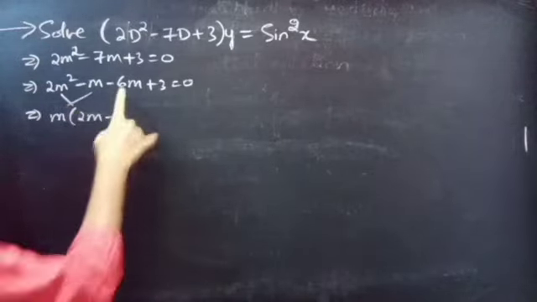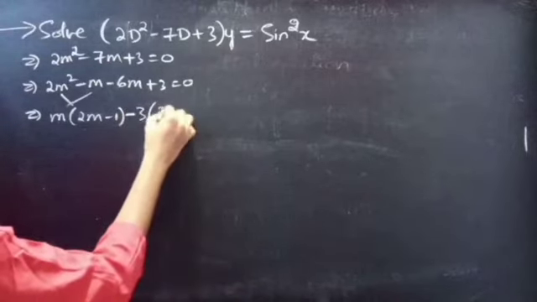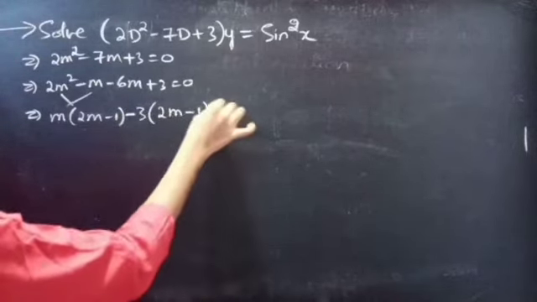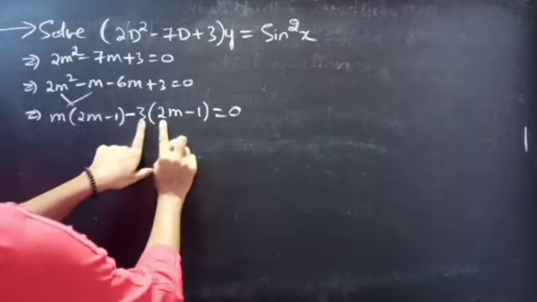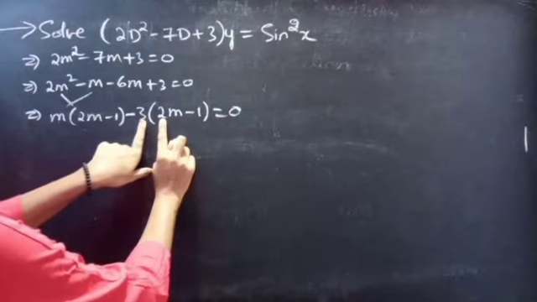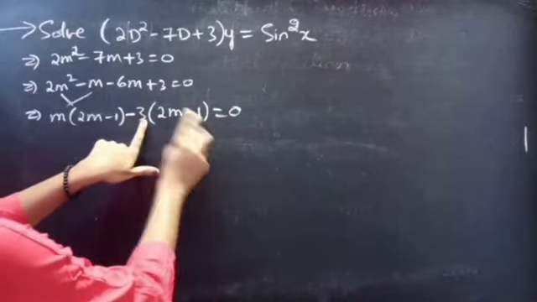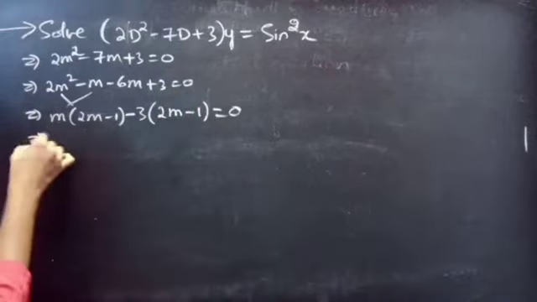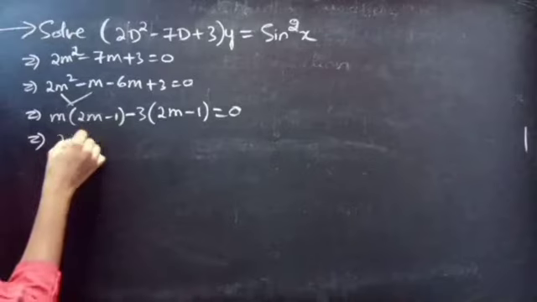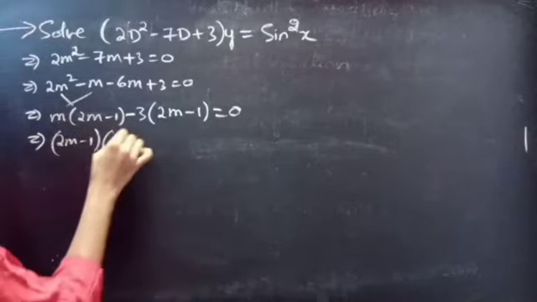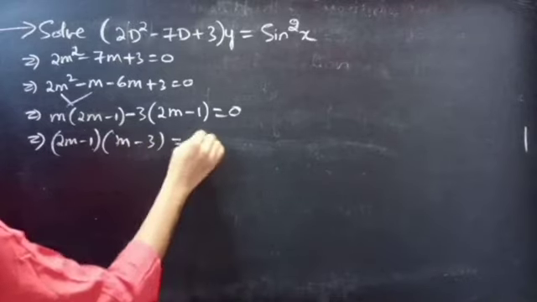And take −3 common from the next two terms, we'll get −3 times (2m − 1), right? Minus 3 into 2m is −6m, minus into minus plus, 3 ones are 3. Now take the common factor (2m − 1) common. We'll get (2m − 1)(m − 3).